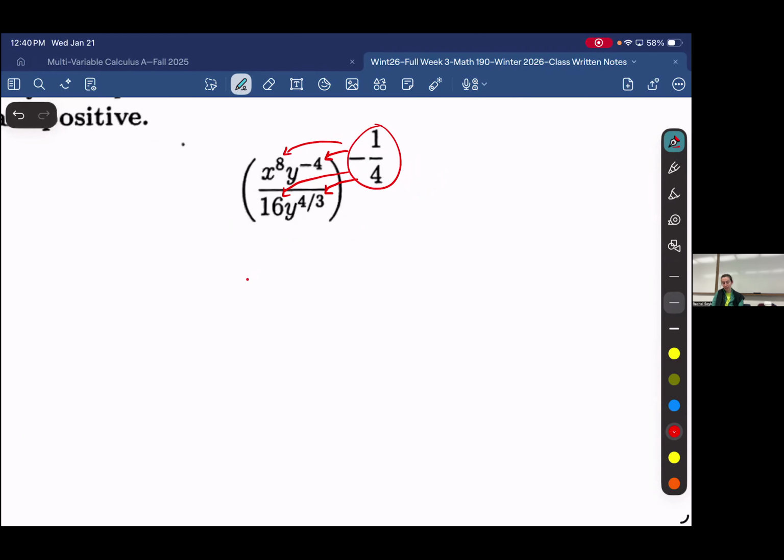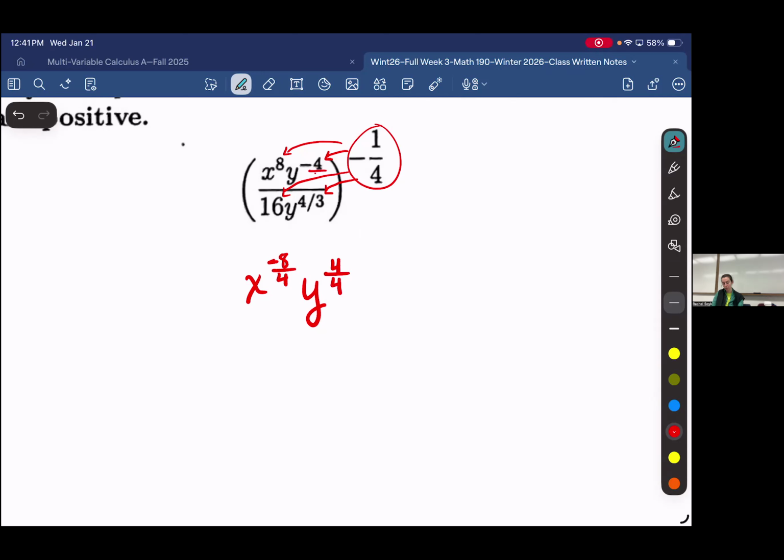And so we're looking at 8 times -1/4 is just -8/4, because when you raise something to a power, you're multiplying the exponents. Then we have y to the -4 times 1/4 is y to the +4/4, right?